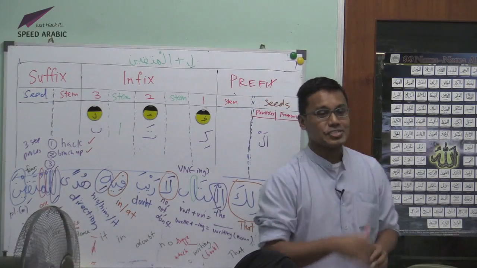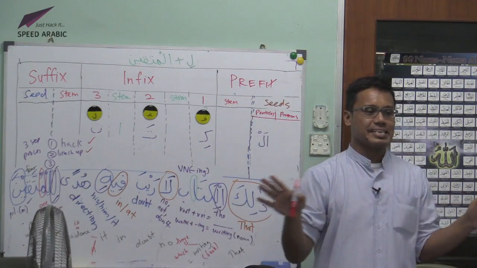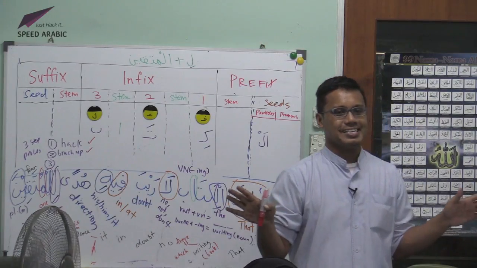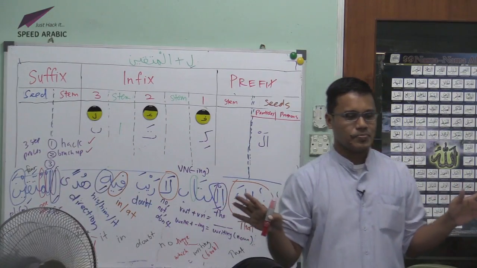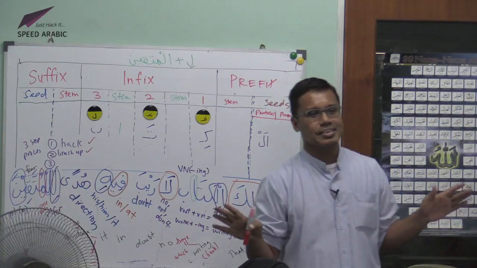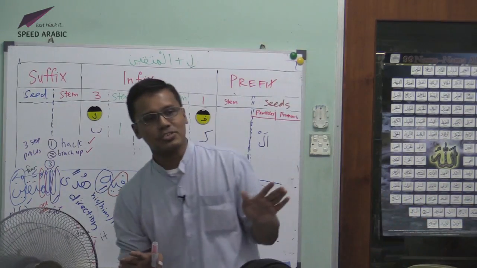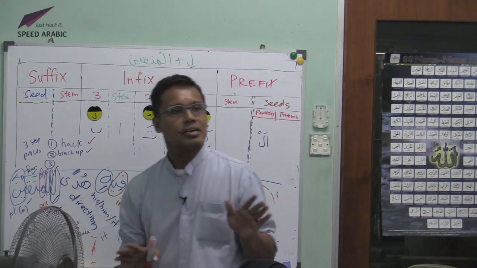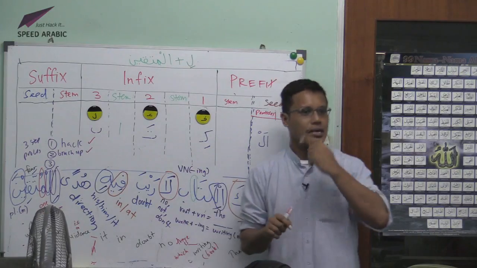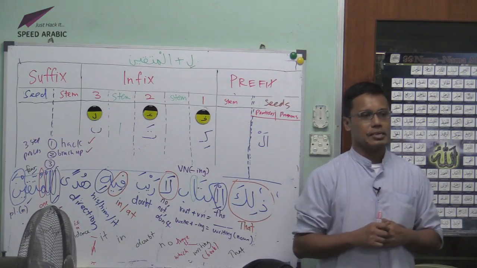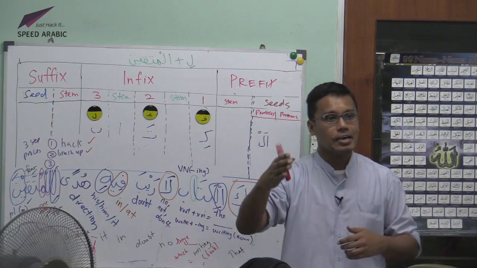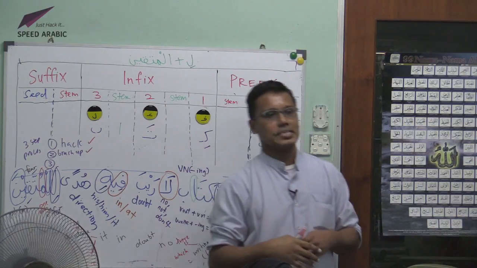Okay. This to me is the simplest translation that you can get. I'm not sure whether you have it or not. This translation a lot of people recommend. Yes, it's the simplest.